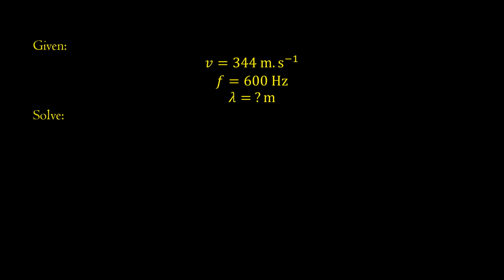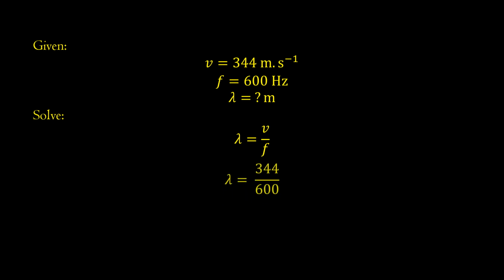To solve this problem, we again use the expression for the wave equation. In the last question, you saw how we can rearrange the quantities in this expression, so I'm not going to repeat it now. So we have that the wavelength equals the speed v divided by the frequency f.